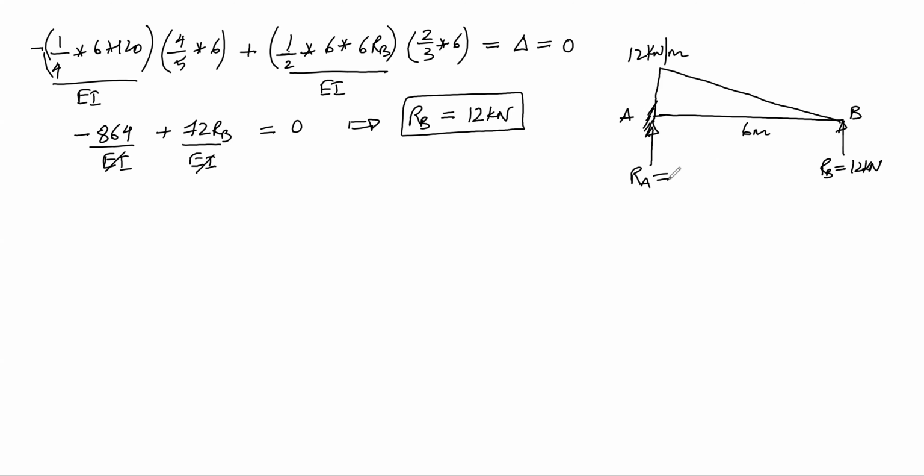Now to calculate reaction at A, we can make use of the equilibrium equation. Sum of all vertical forces is equal to 0. So if I apply this, I will get RA plus RB is equal to, this load is acting downwards, and the intensity of that load will be the area of the triangular load.